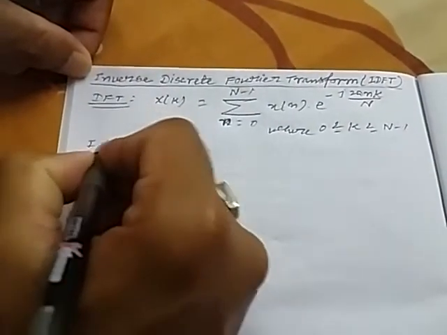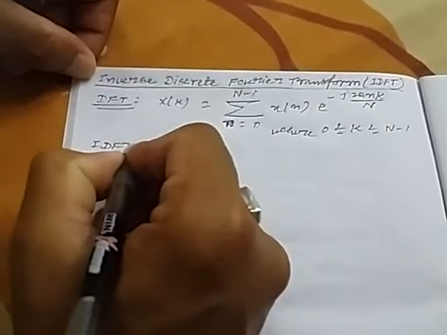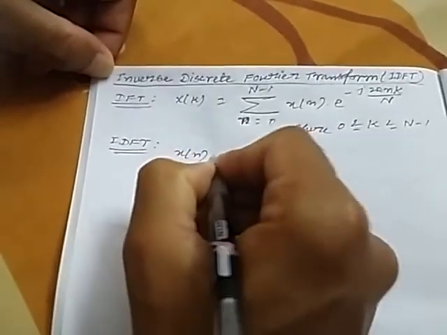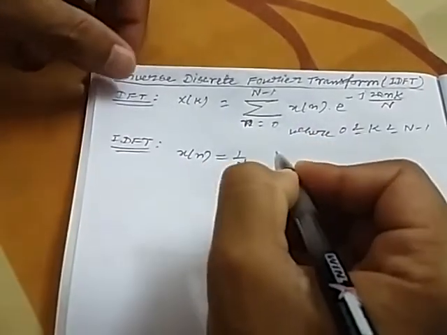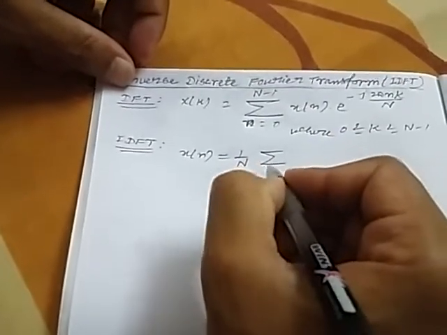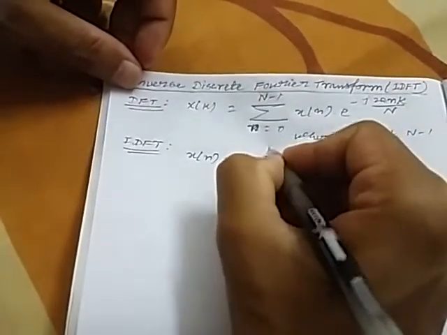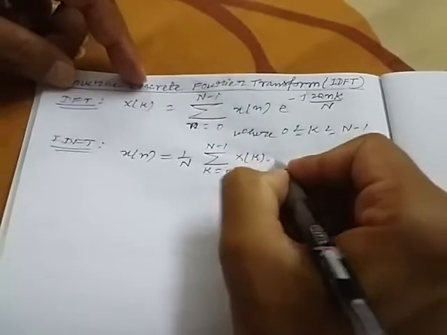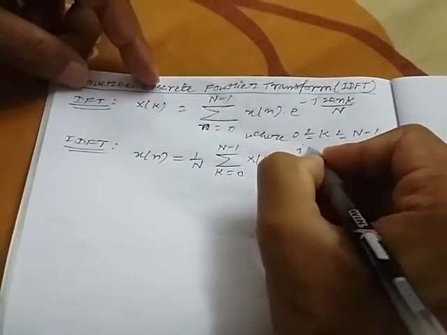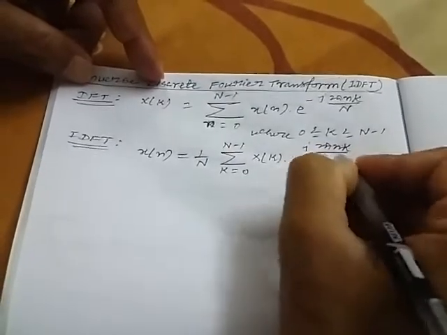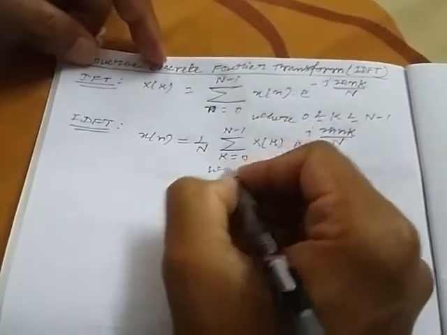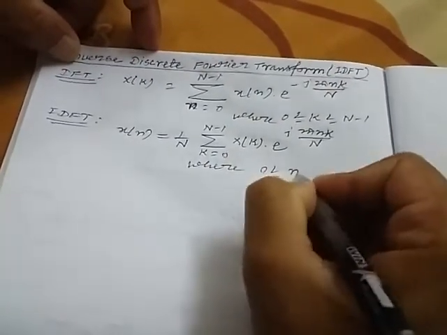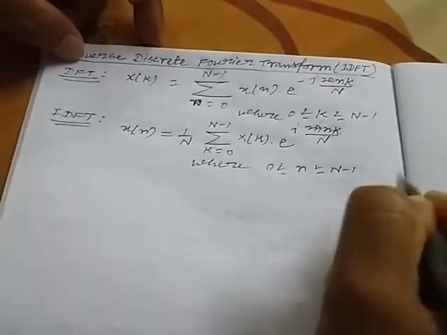Then the inverse formula of DFT, that is IDFT, is to get x[n] from X[k]. So the formula is 1 by capital N summation of k equal to 0 to N minus 1, X of k into e to the power j 2 pi n k by capital N, where n ranges from 0 less than or equal to n less than or equal to capital N minus 1.